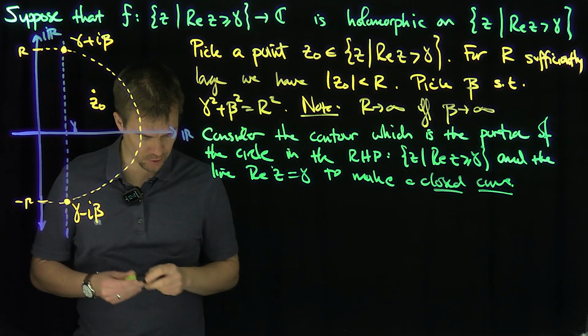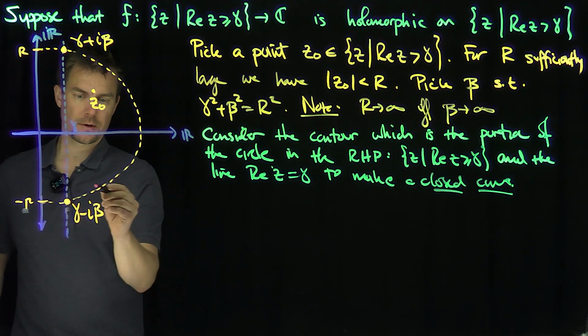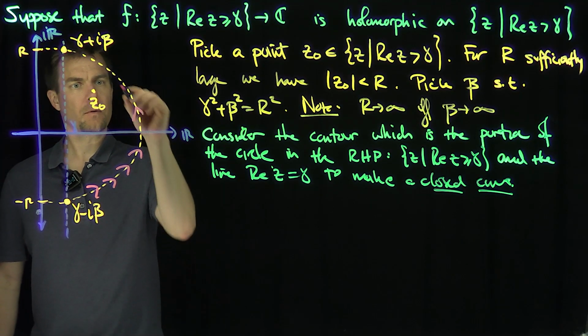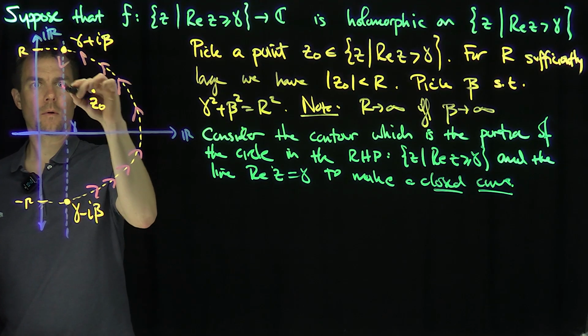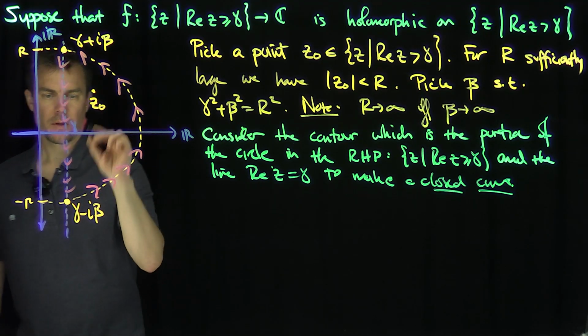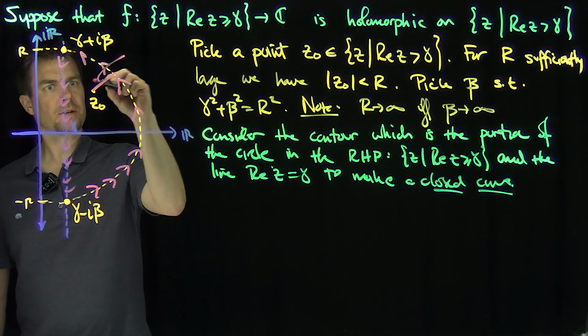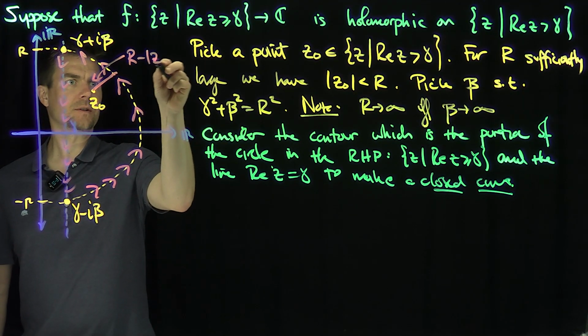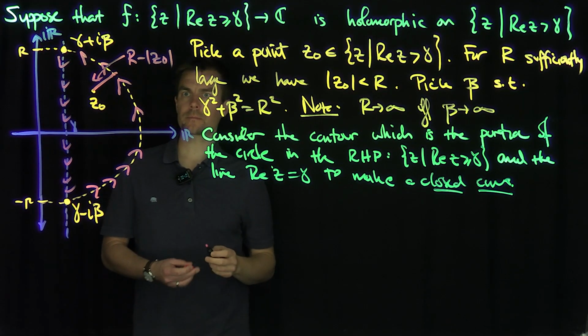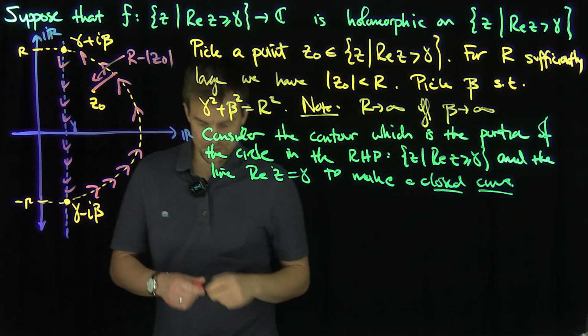Okay, so here's my closed curve. My closed curve looks like this, like that. And of course, this distance over here is exactly r minus z0 right there. Good.